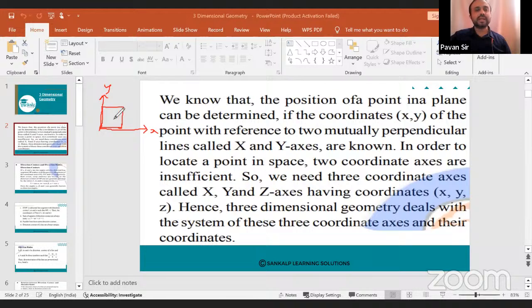So a square is considered two-dimensional. The same square, if I draw it with respect to three dimensions, becomes a cube, where you can see three different axes. The first is the y-axis, the second is the x-axis, and the third is the z-axis. So a three-dimensional object you can treat as space also. Hence three-dimensional geometry deals with the system of three coordinate axes, respectively x, y and z.